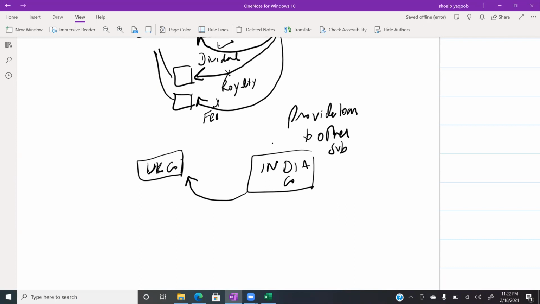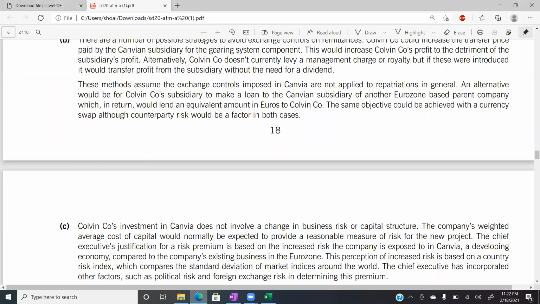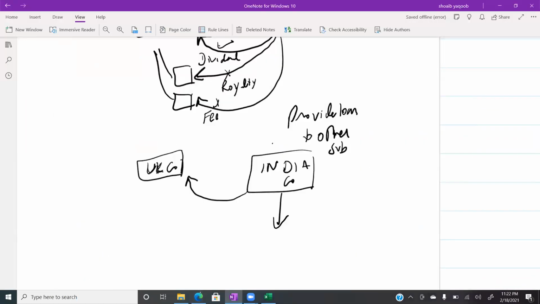That the Colvin company subsidiary makes a loan to the Canadian subsidiary of another Eurozone. Provide loan to other subsidiary.